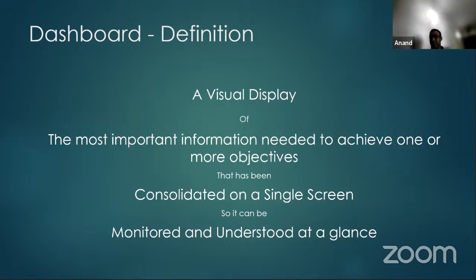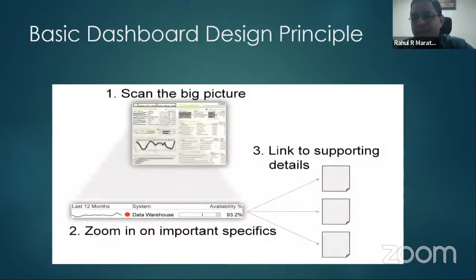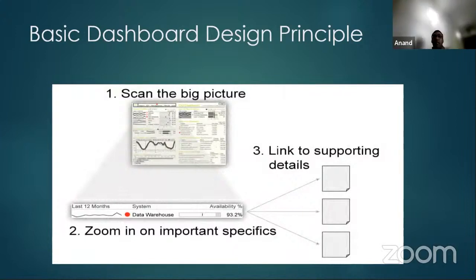So what should be the basic design principle of a dashboard then? It's very similar to the same thing. Even while I have a picture here, even this is a very cluttered dashboard, in my opinion. But it helps highlight the point. So what we'll say is that you will show the big picture, so that at a glance, you will see certain critical things.